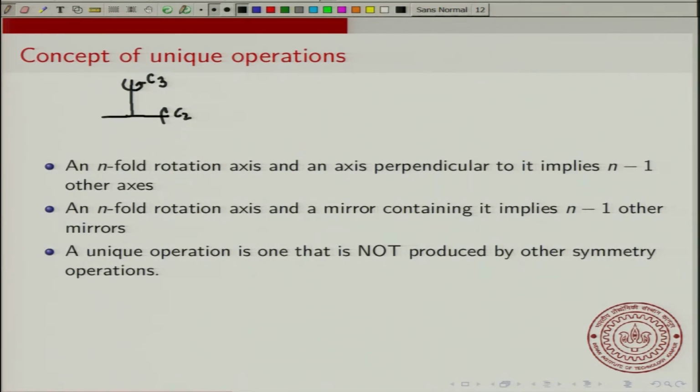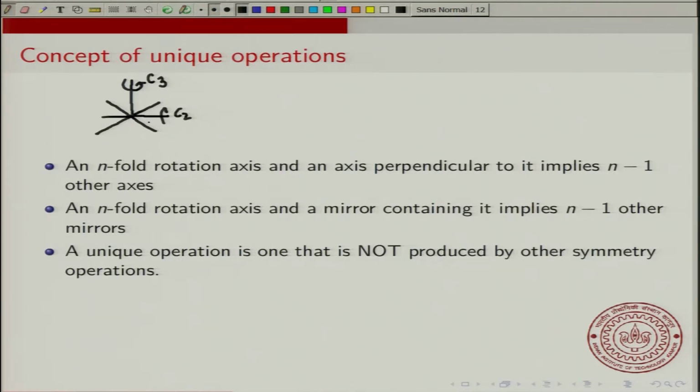There will be two more C2 axes, oriented like this and like this. These are perpendicular to the plane of the paper.